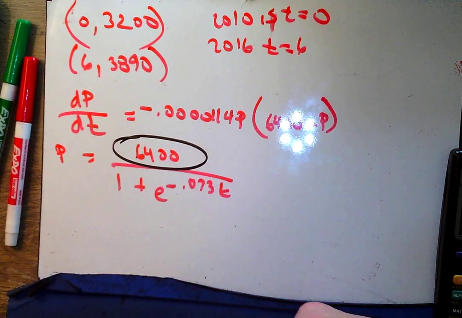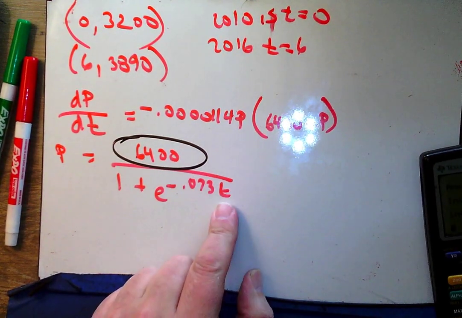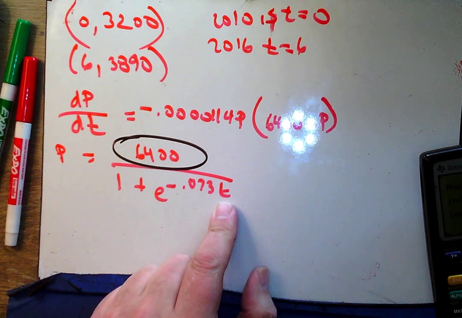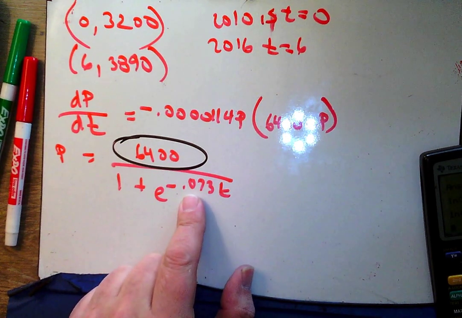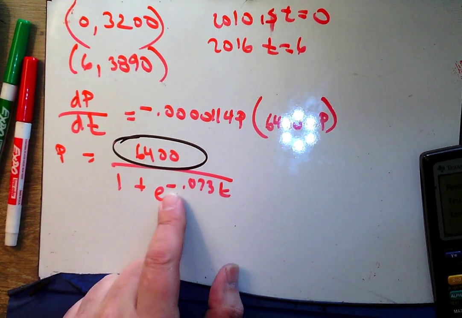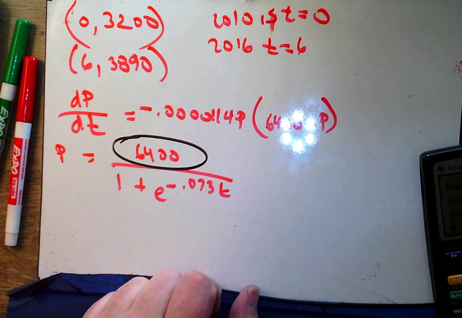Well, if I put in a really big number here, like a trillion, I have e raised to the negative trillion power.